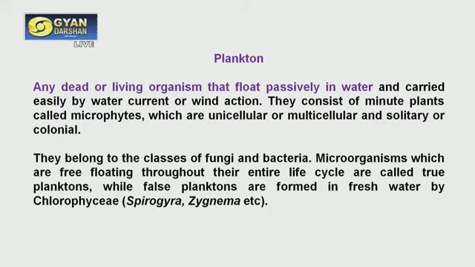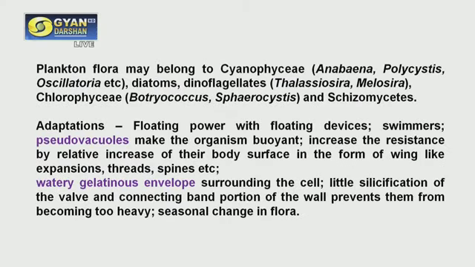These are very minute plants, like Spirogyra, a green alga, and Zygnema. These are all examples of plankton. These are also basically hydrophytes. Cyanophyceae like blue-green algae such as Anabaena, Oscillatoria, diatoms, dinoflagellates, chlorophycean members are all different examples.